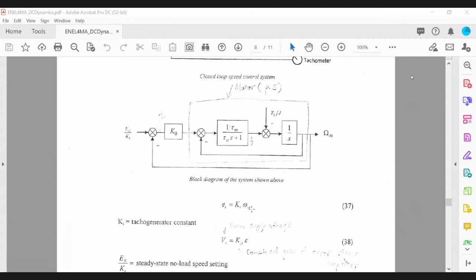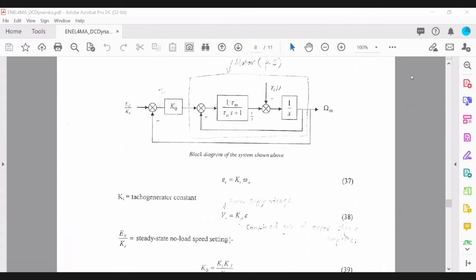And basically the supplied voltage, that's the voltage that you're applying to the motor, Vs, is the product of Ka times the error that's appearing here, right?